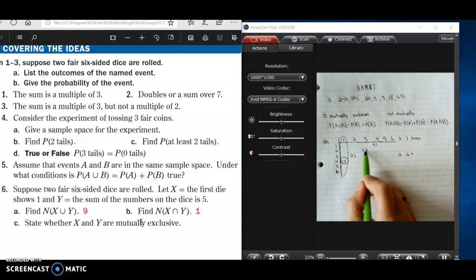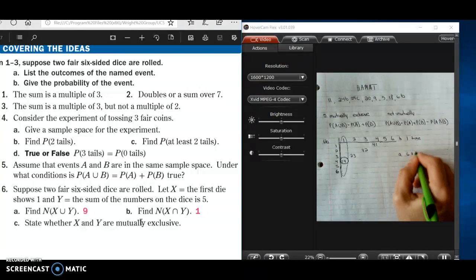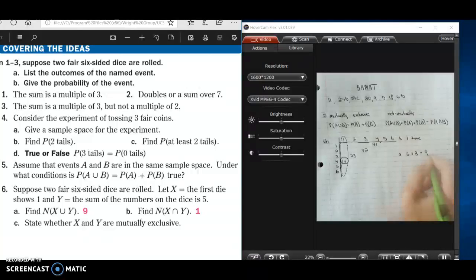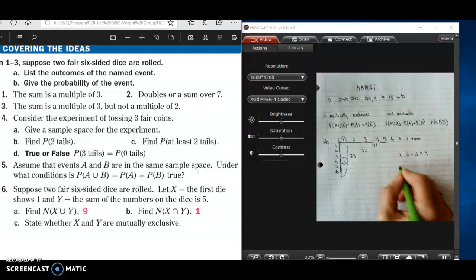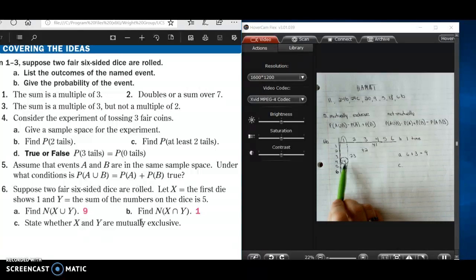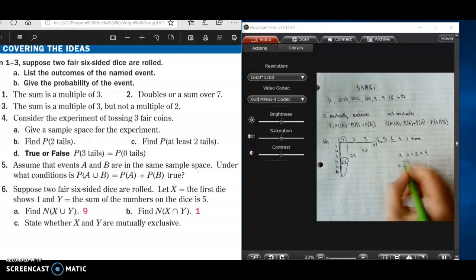So 1, 2, 3, and we end up with 9. So going along with C, because they have an overlap of that one spot right there, their events are not mutually exclusive.